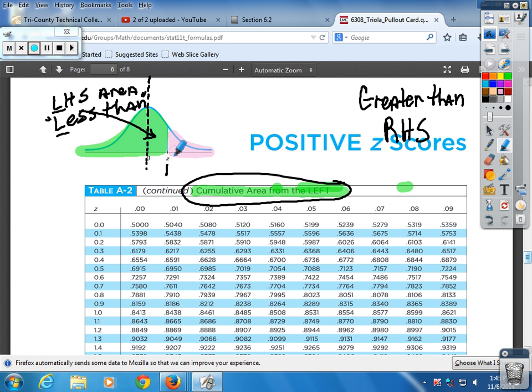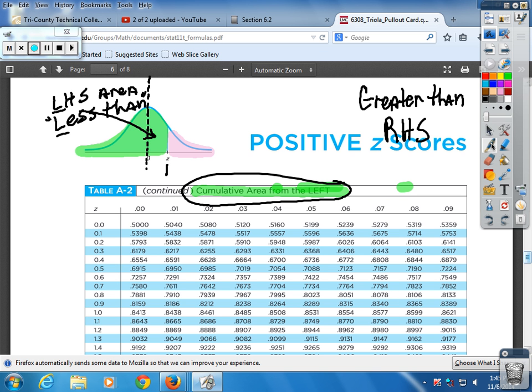Well, Hubert, this doesn't do the right-hand side, so you have to calculate it. Now, if the area under the curve is 1, and we can get the left-hand side, then what do you think the right-hand side is equal to? Which is called the complement.